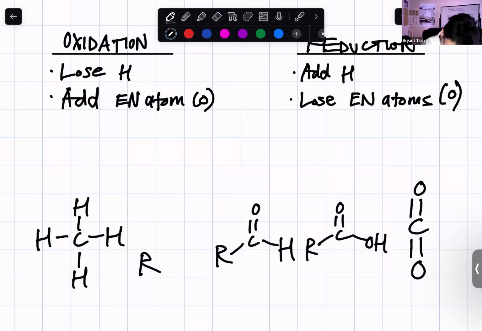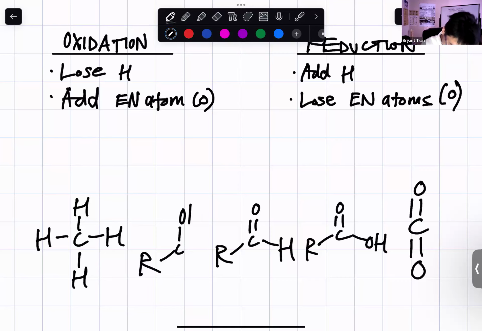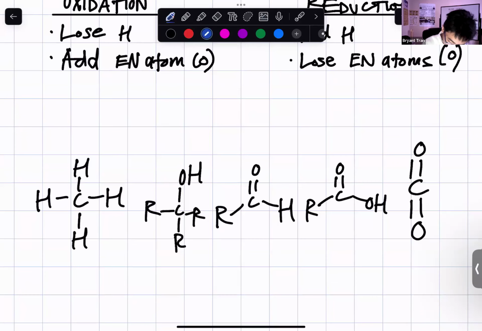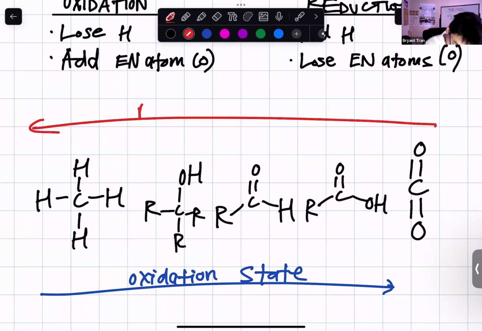And one below that is an alcohol. Right. If you think of it in terms of oxidation state, it increases from left to right. In terms of reduction state, it increases from right to left.